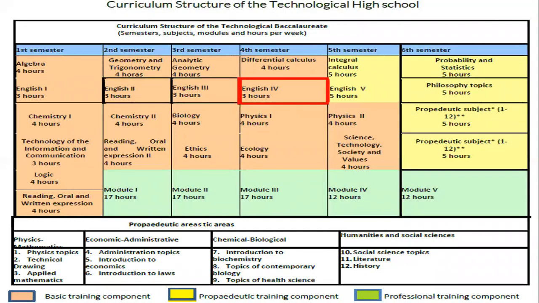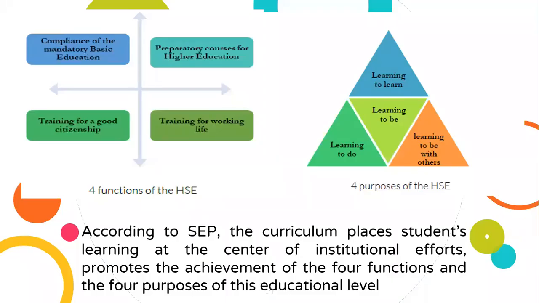The curriculum structure in here: we clearly can see that English 1 is 3 hours per week for the semester. We also have that, according to CEP, the curriculum places students' learning at the center of institutional efforts and promotes the achievement of the 4 functions and the 4 purposes of this education level.